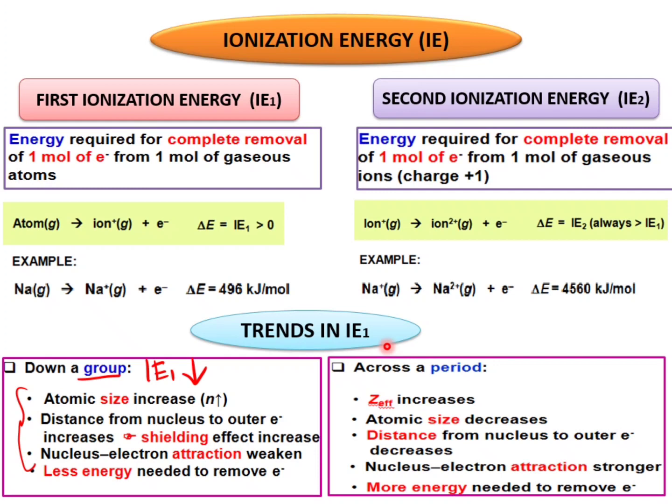So bila lagi dekat dengan nucleus, attraction between nucleus and electron become stronger. So senang tak you nak buang electron? Susah. So you need more energy to remove electron. So semakin merentasi kala, ionization energy will increase because of the size of atom decrease. Boleh?